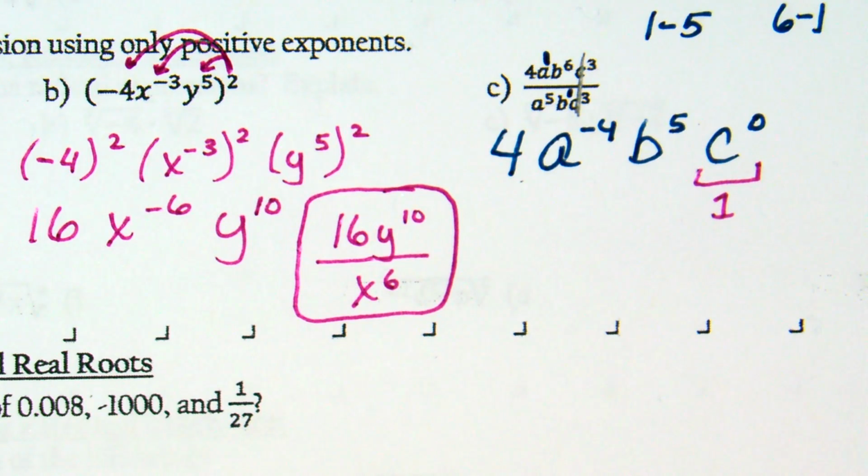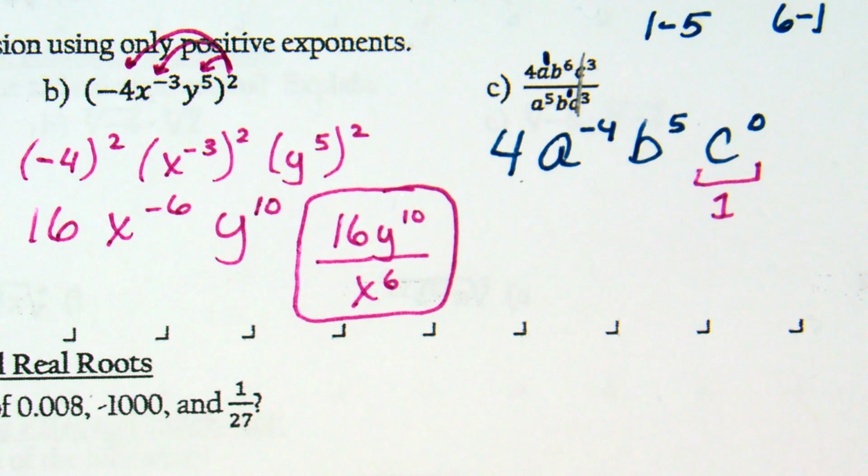Am I done? No. What's the key again I have to think about? Negative exponent. Okay, I can't leave a negative exponent, so how do I deal with that a to the negative 4th? Put it on the bottom as a to the positive 4th.